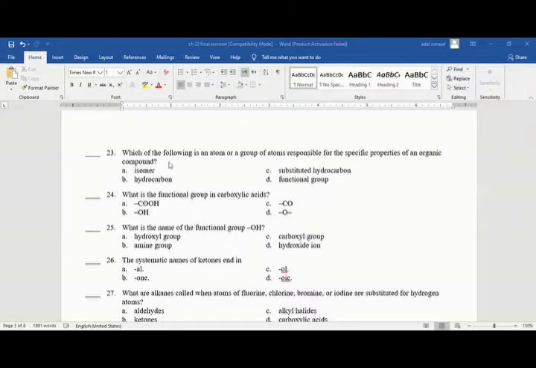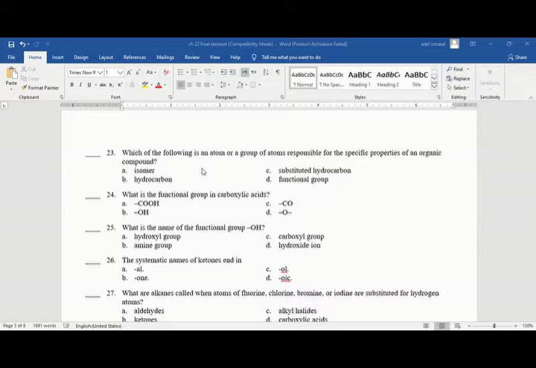Which of the following is an atom or a group of atoms responsible for the specific properties of an organic compound? The atom or group of atoms that's responsible for the properties of the organic compound is called the functional group, chapter 22, section 3.